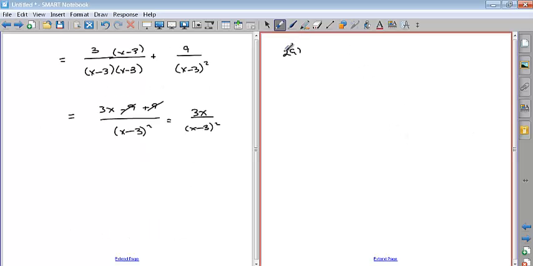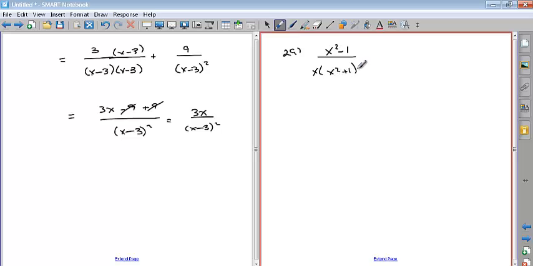Okay, 29. So this next one is an example of a linear factor and a quadratic factor. So you can't factor this one because there are no real zeros.